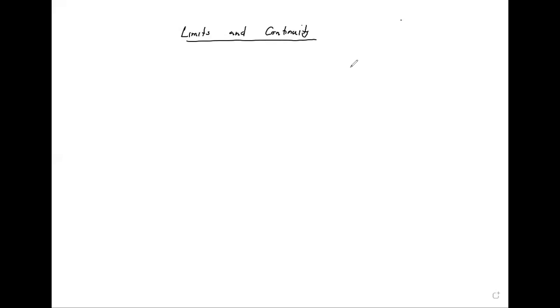Okay, so the limits and continued examples.